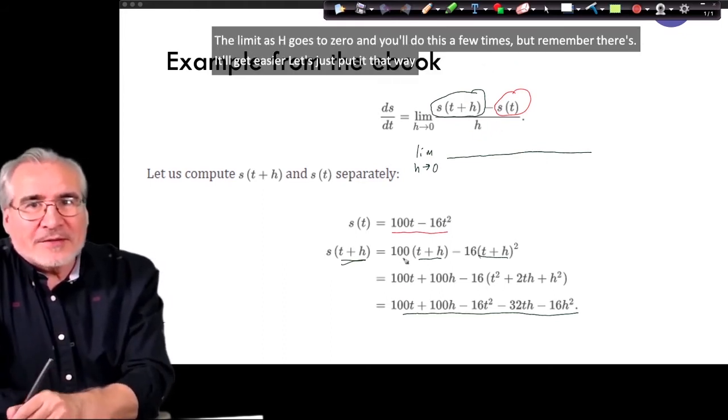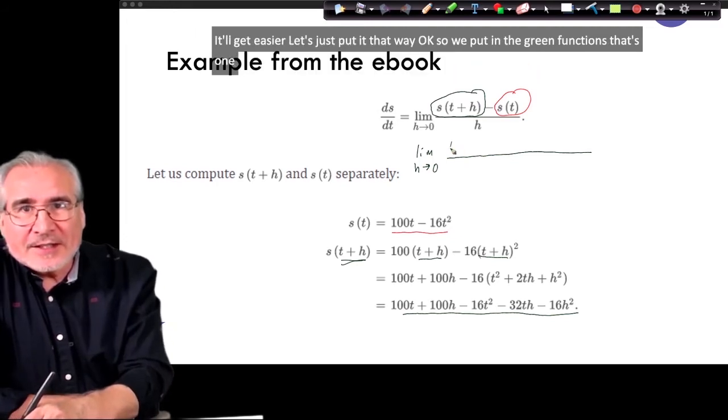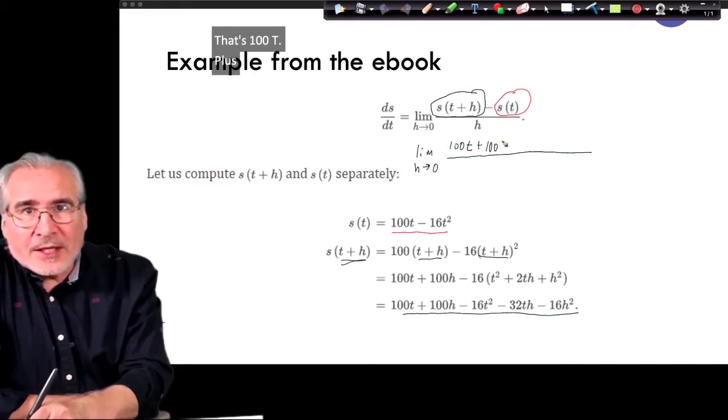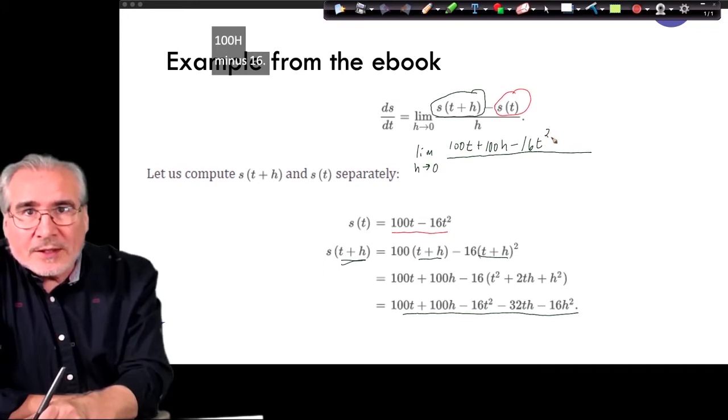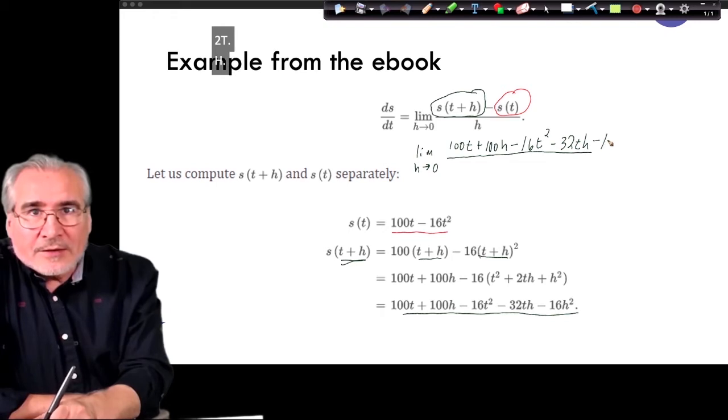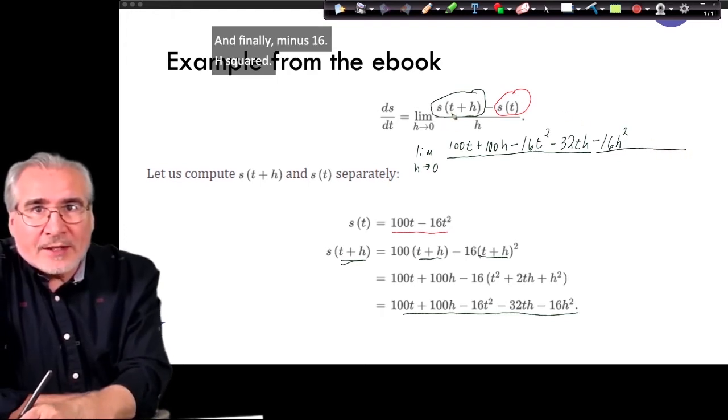Okay, so we put in the green function, so that's 100t plus 100h minus 16t squared minus 32th, and finally minus 16h squared. So that's the s of t plus h.